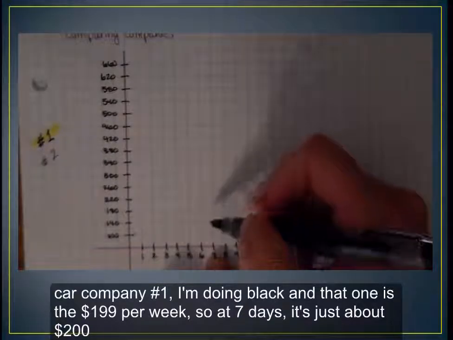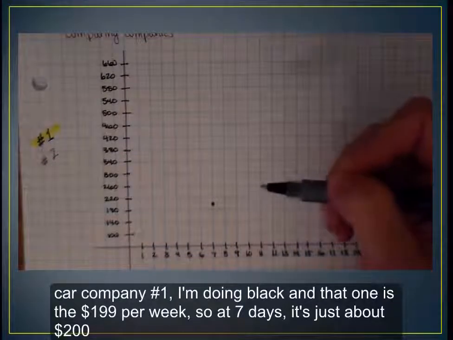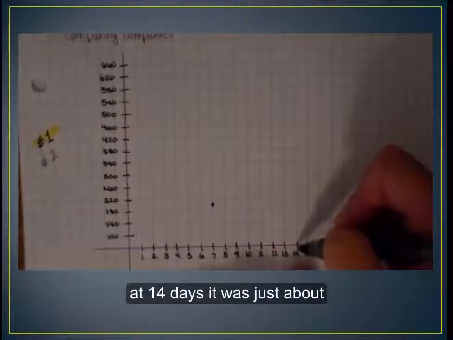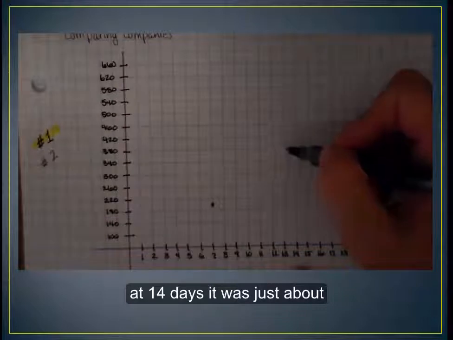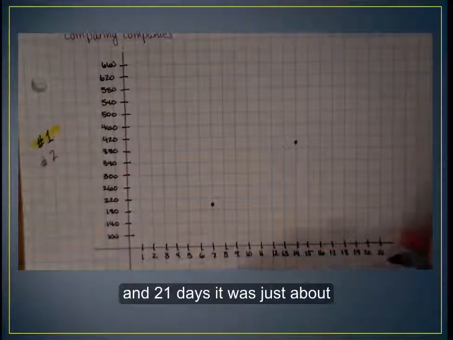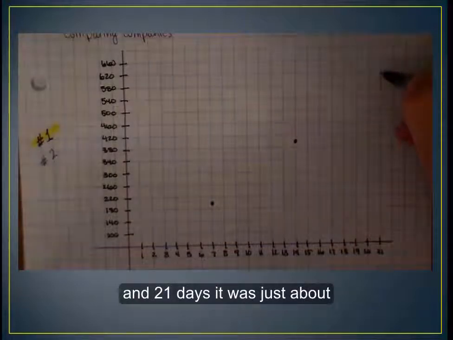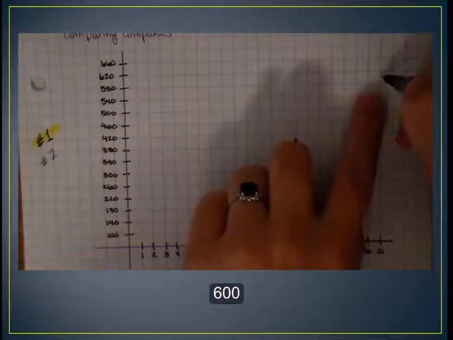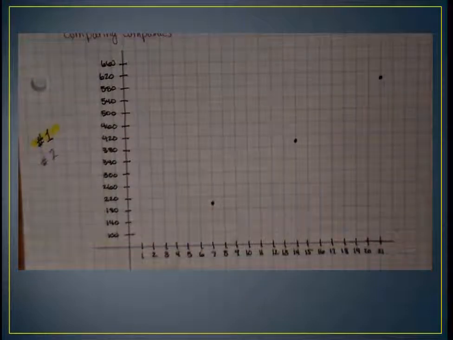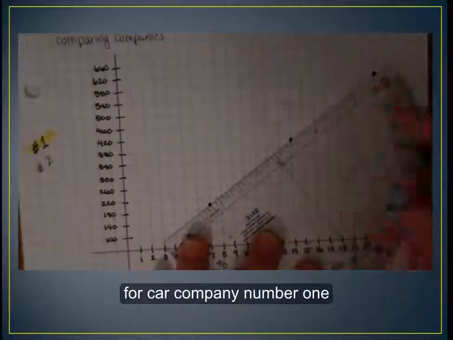So at 7 days, it's just about 200. At 14 days, it was just about 400. And at 21 days, it was just about 600. Okay, so here's my graph for car company number 1.